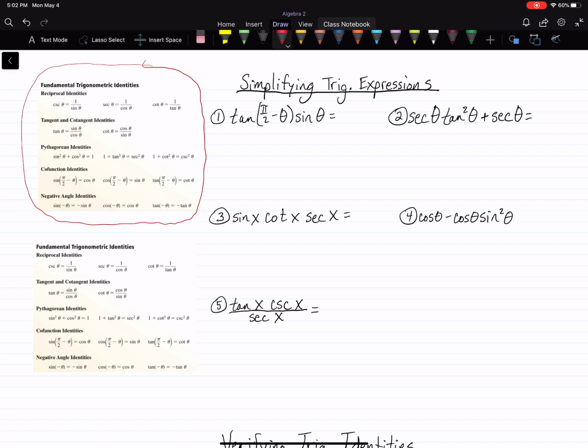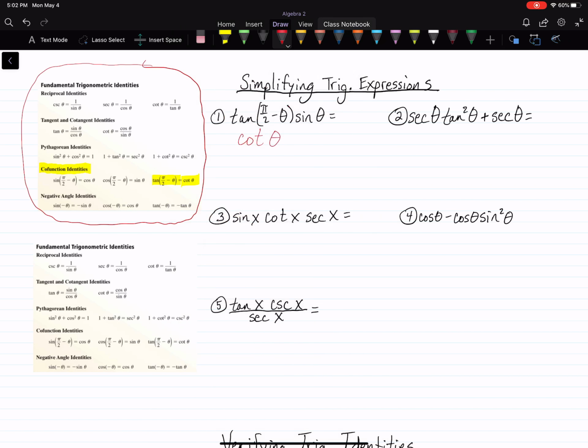In number one, we're given tangent of pi over 2 minus theta. If you look over here to the left, you'll see the cofunction identities: tangent of pi over 2 minus theta equals the cotangent of theta. So that's simpler, and we change that to cotangent of theta.